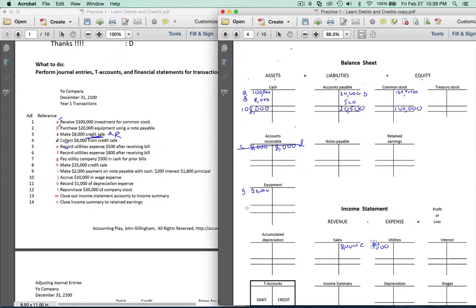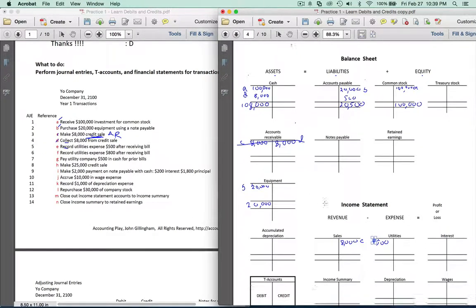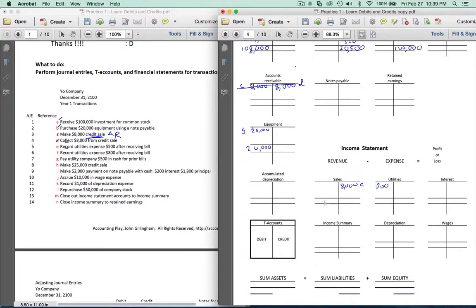Equipment is brought down to 20,000. Okay. Moving on down here, we would have sales credit of 8,000. Utilities would come down to 500.